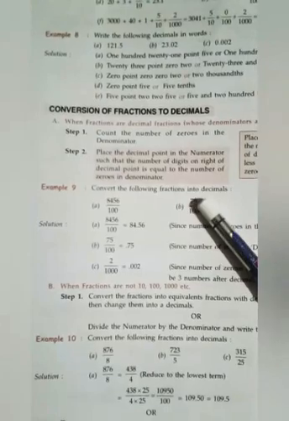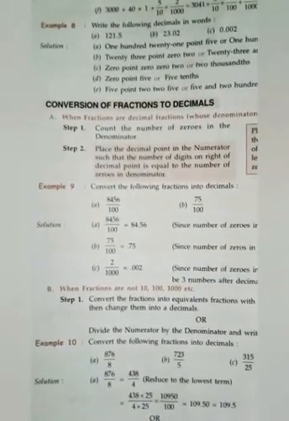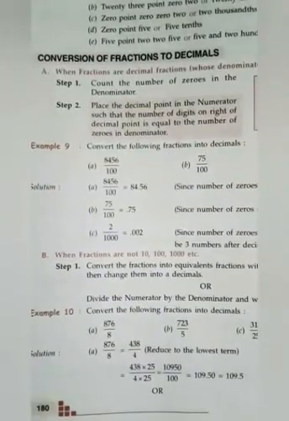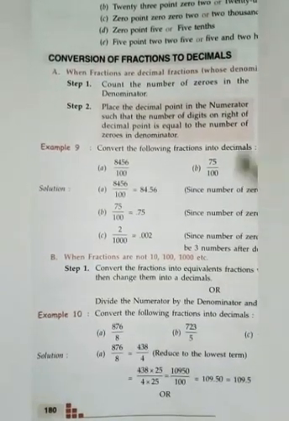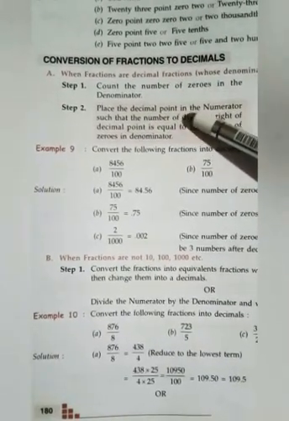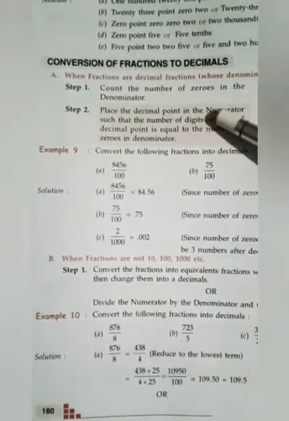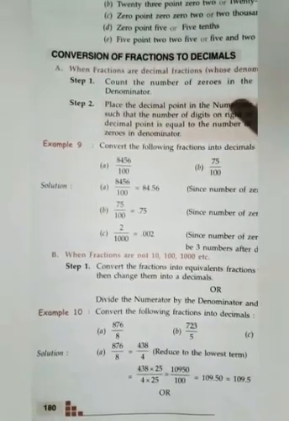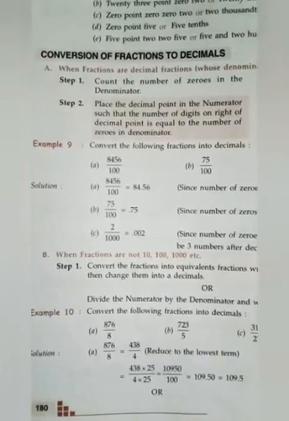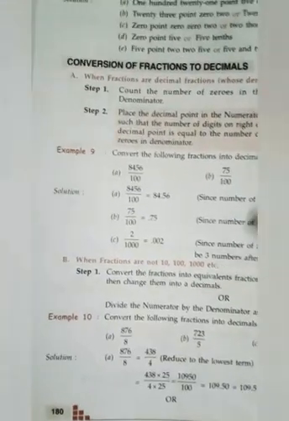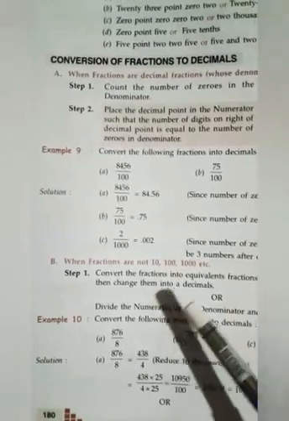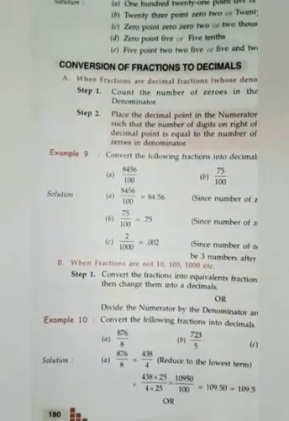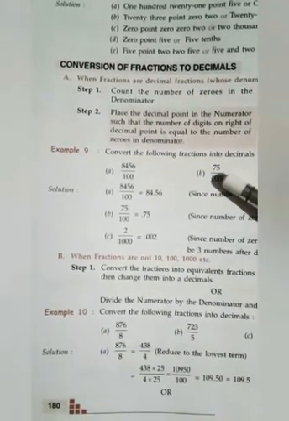Then conversion of fractions to decimals. Here, children, two types of conversions are there. One, when fractions are decimal fractions whose denominators are 10, 100, 1000 etc. Two, when fractions do not have denominators 10, 100, 1000 etc. So first we discuss the first type of conversion.